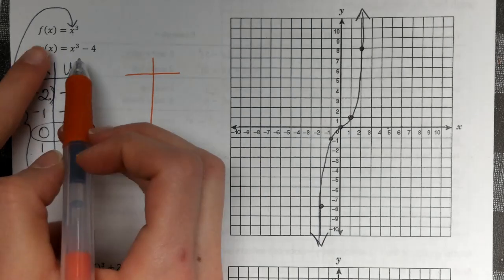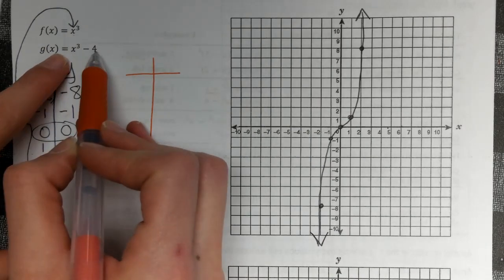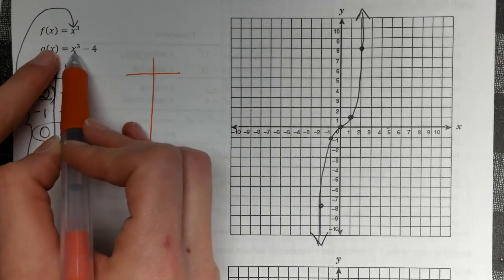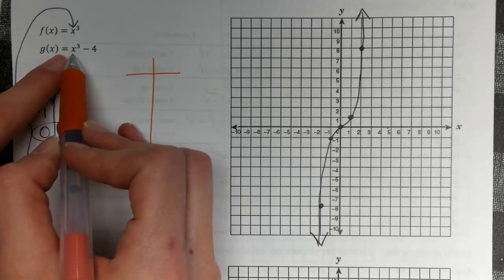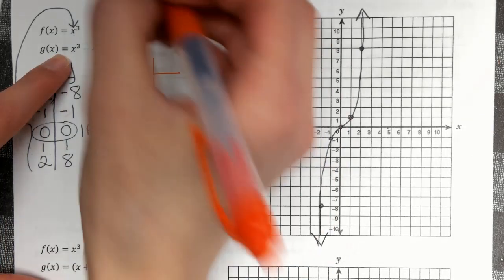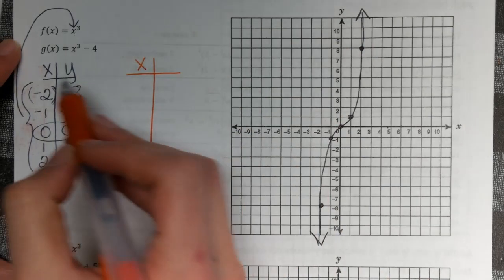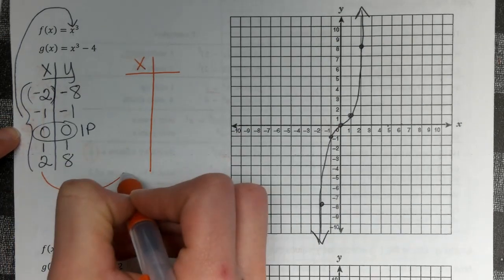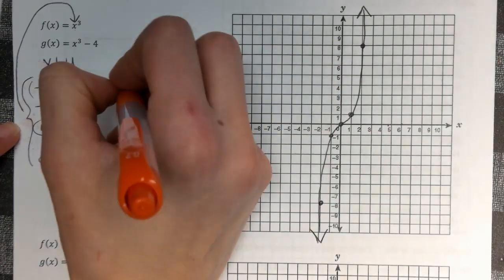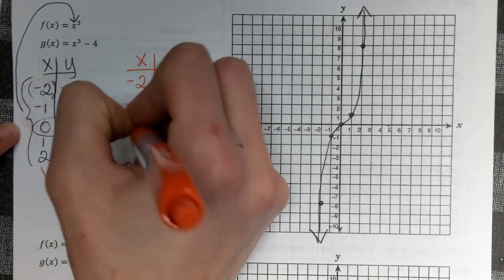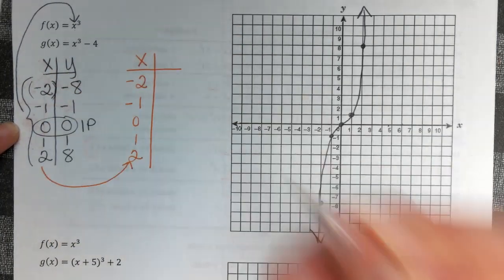So we're going to look at our function x cubed minus 4. Did anything happen inside parentheses with my x? No, there's no parentheses, so my x stays the same. So I'm going to copy the x values from my parent function over to my transformation. -2, -1, 0, 1, 2.